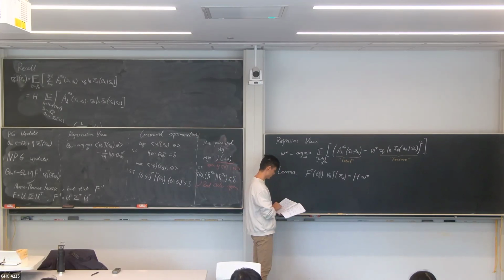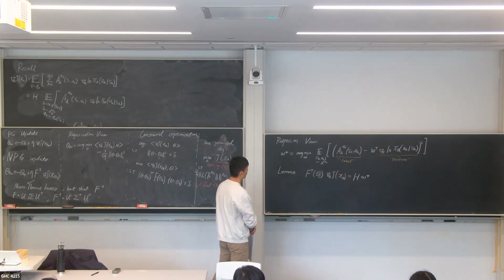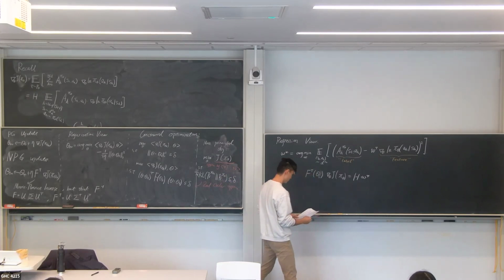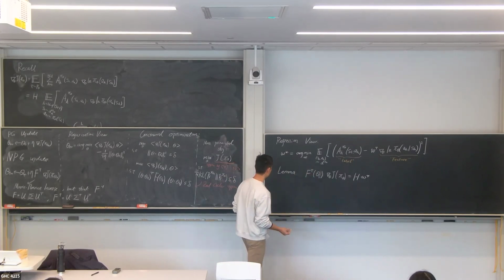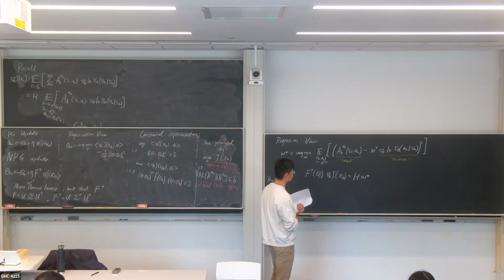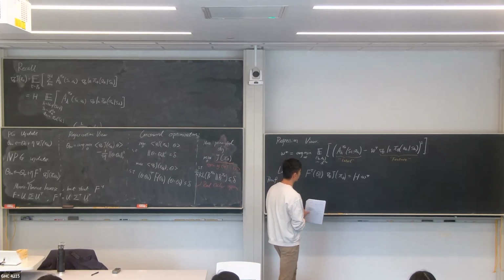Let's prove this because it's two lines. Okay, so this is just a squared objective, right?